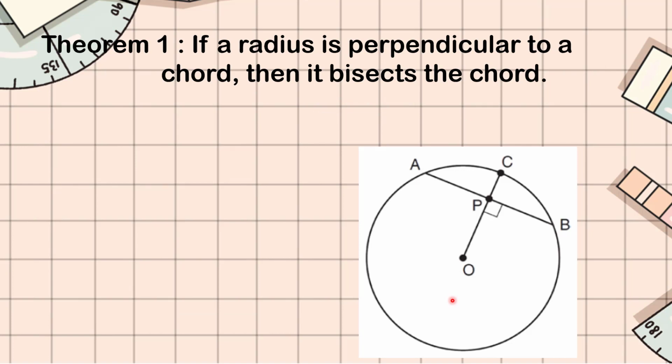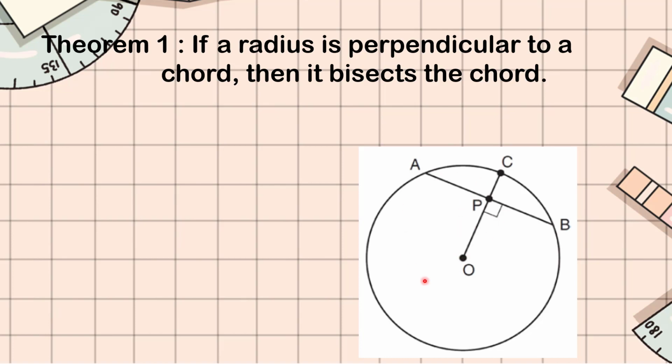Let's go now to theorem number 1. It says that if a radius is perpendicular to a chord, then it bisects the chord. So let's explain this one by one.